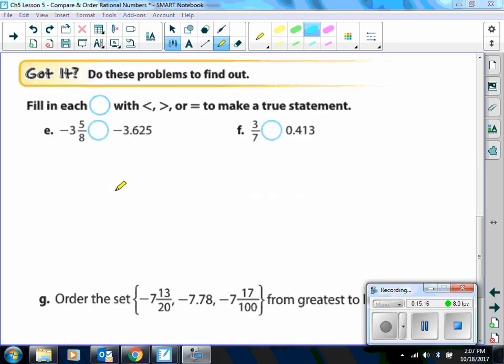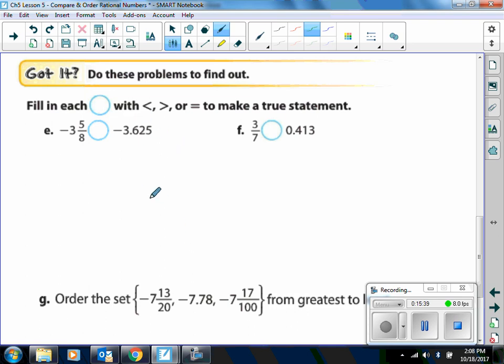So let's do some got it's here. We're going to fill in each circle with a less than, greater than, or equal to make a true statement. So, for example, E, we want to change everything to decimals, right? And we want the decimal to be out to the what place value? To the thousands. Very good.